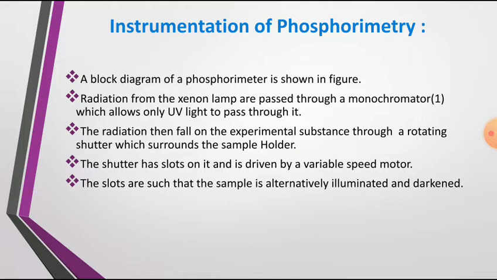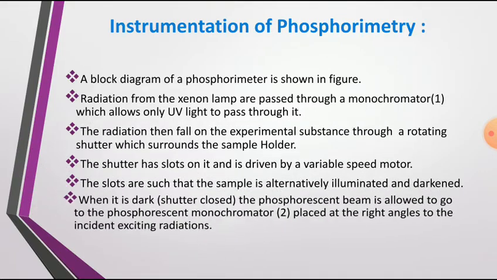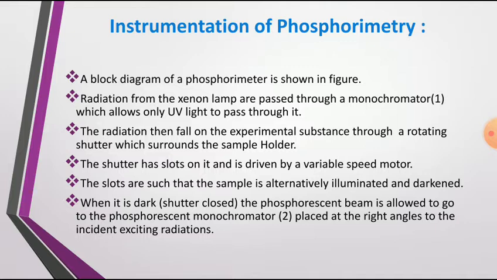When the entry shutter is open, the exit shutter is closed, and when the entry shutter is closed, the exit shutter is open. When it is dark, that is, the entry shutter is closed, the phosphorescent beam is allowed to go to monochromator 2, placed at right angles to the incident exciting radiation.